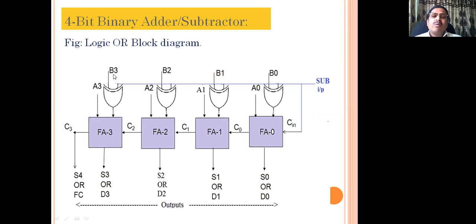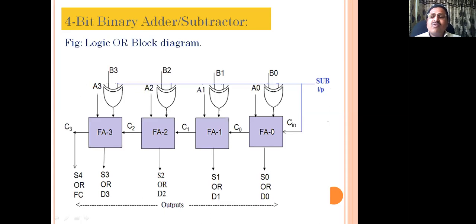Bits B3, B2, B1 and B0 are applied at the remaining input of each of the 4 XOR gates. The first number's bits A3, A2, A1, A0 are applied directly as one input to each full adder. The carry from the previous one is taken as the third input. The resultant sum can be either a sum or a difference depending upon the condition of the subtract input.